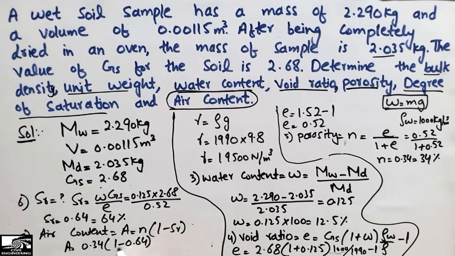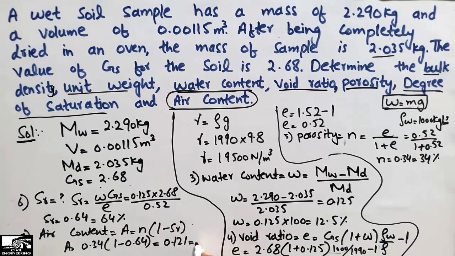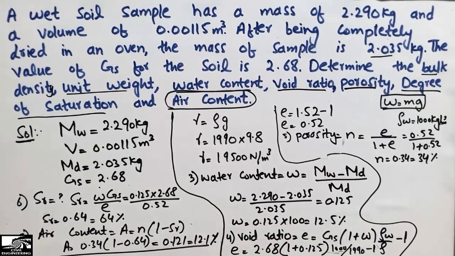If I subtract this and multiply it with 0.34, we get the air content, which comes out to be 0.121. If I multiply this with 100, I get the air content in terms of percentage, which comes out to be 12.1%. So 12.1% air content is present in this soil sample.